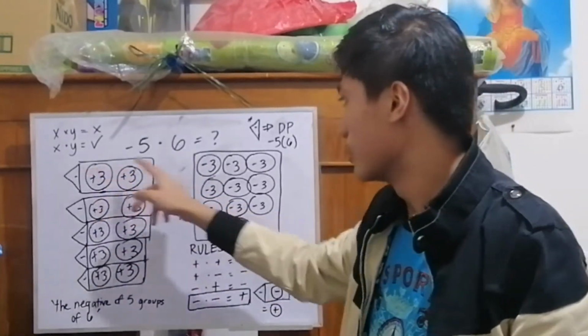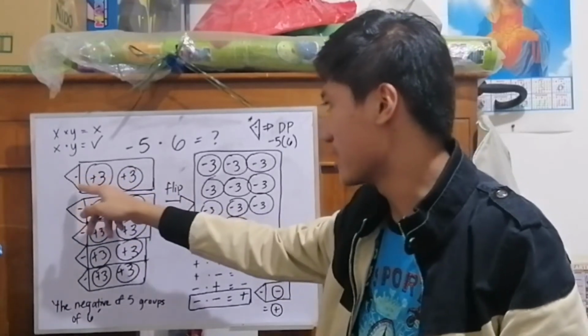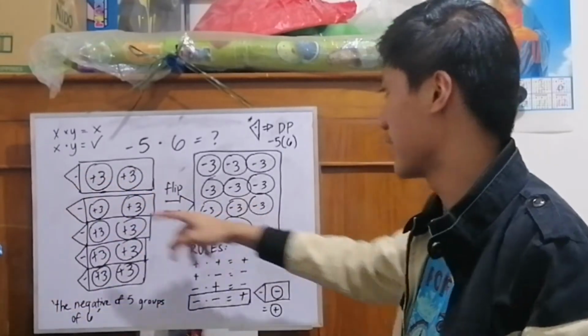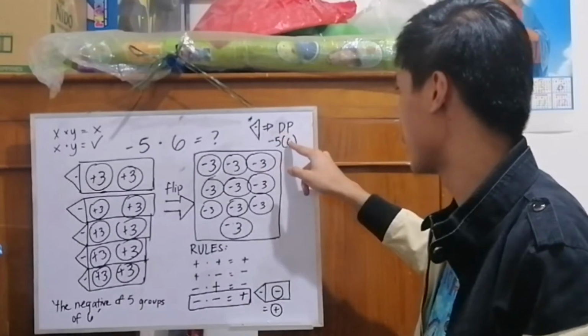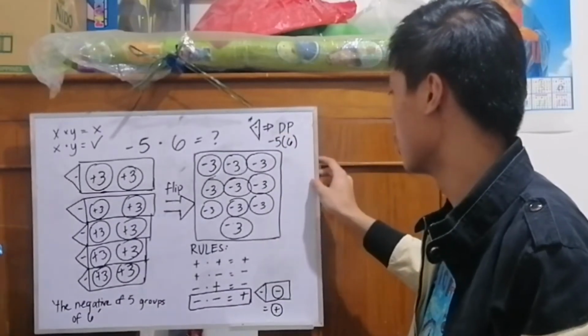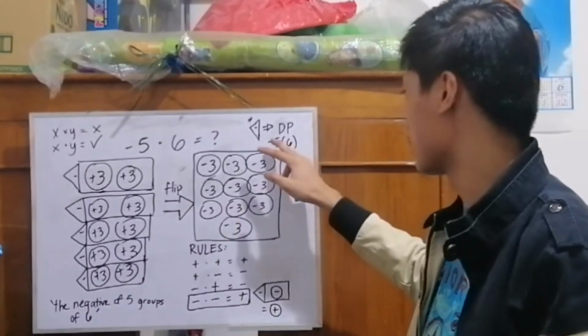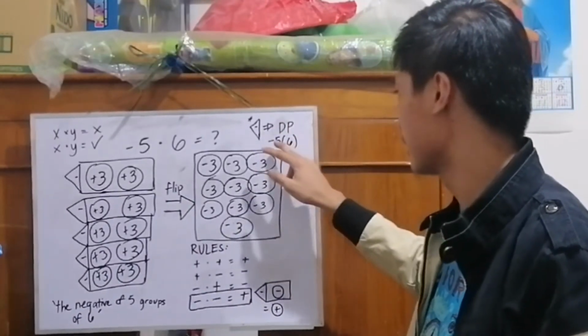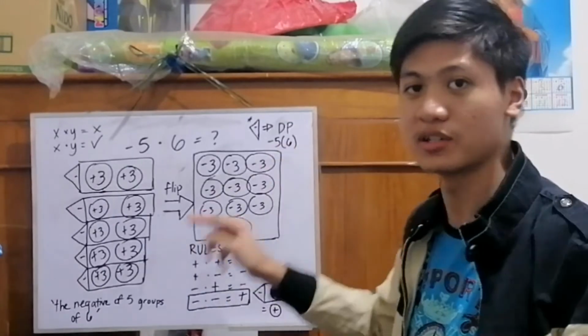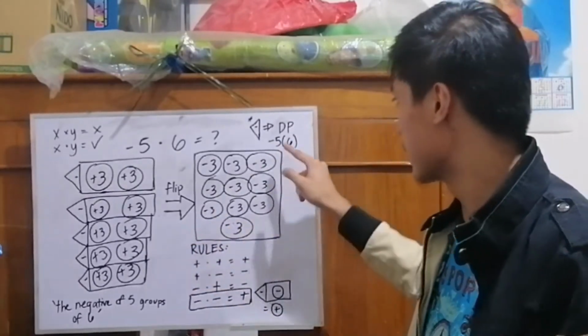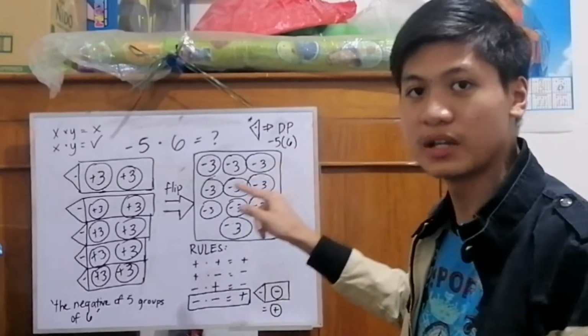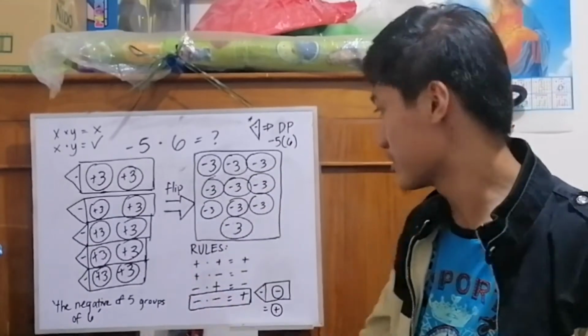And then we put them inside a box that has a triangle with a negative sign. That triangle means distributive property, which we would interpret as negative 5 times 6, wherein you have to distribute that negative 5 inside that parenthesis. With getting that negative sign here, that means we're going to get a negative answer.